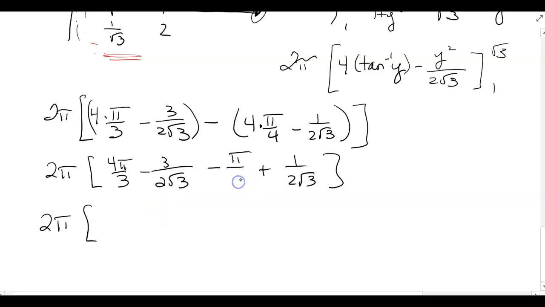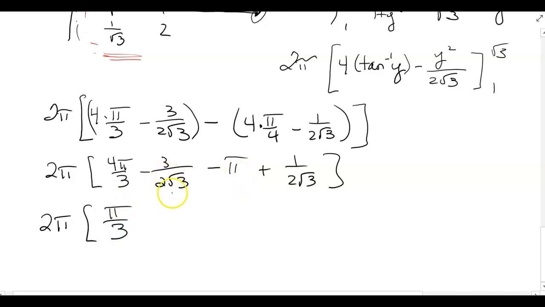No, that just becomes pi. See? So easy to make a mistake. 4 pi over 4 becomes just pi. Sorry about that. Some of you are probably sitting there thinking, where is she getting pi over 4 from? That's just pi. All right, so 4 pi over 3 minus pi, which you can write as 3 pi over 3, is just pi over 3.